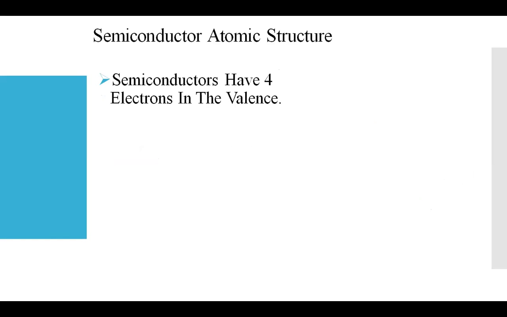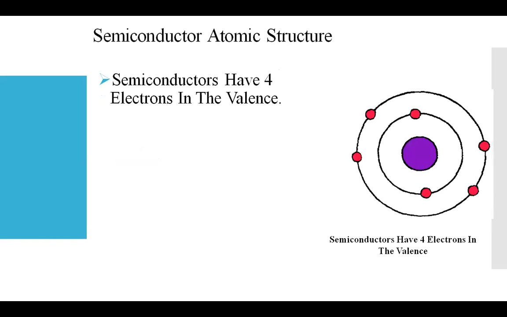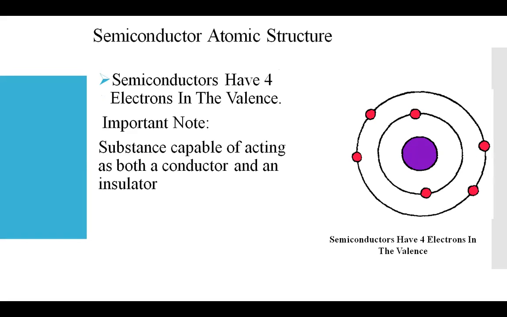Right now you can see this atomic structure, in which the 4 electrons are represented in the valence. An important note to understand: the substance is capable of acting both as a conductor as well as an insulator. During the doping process, either it works as a conductor or as an insulator, depending on how many electrons are added in the outer orbit or the valence.